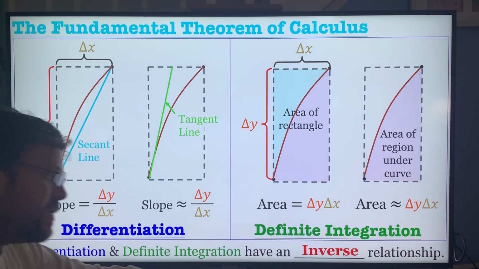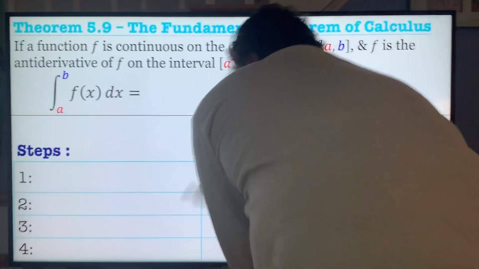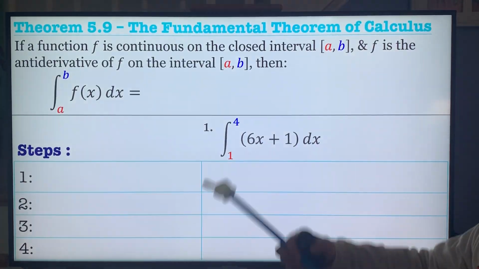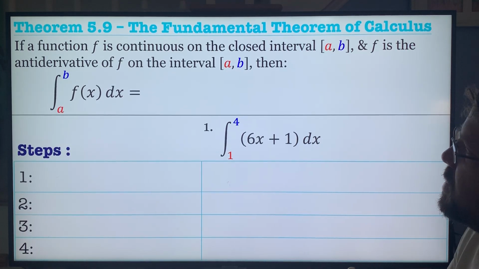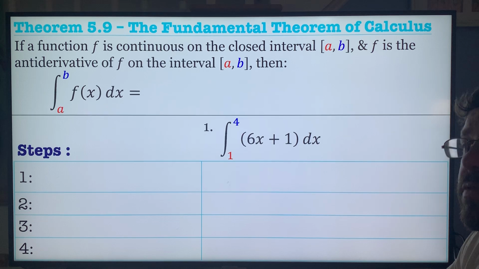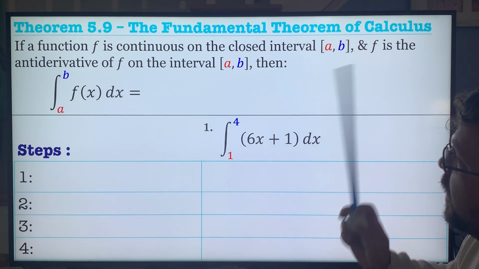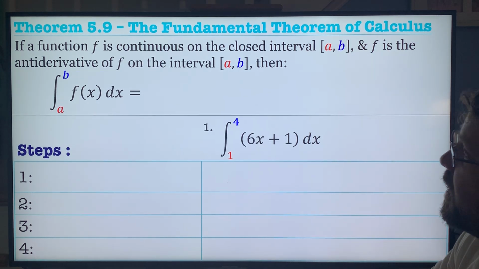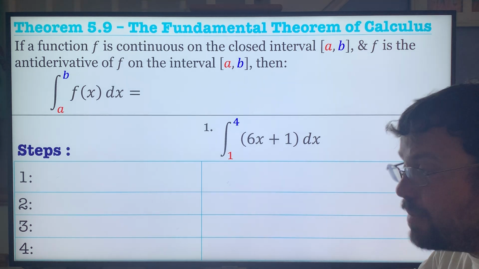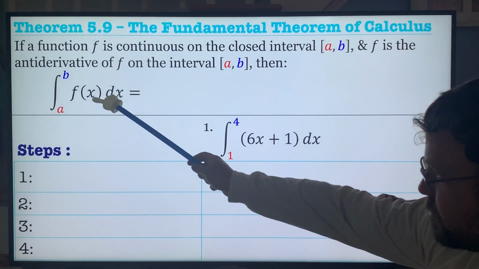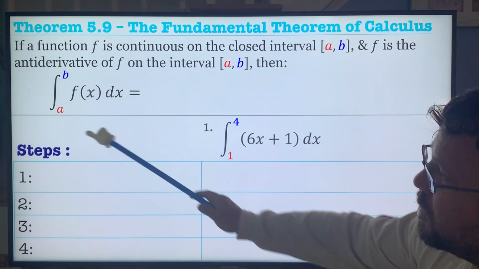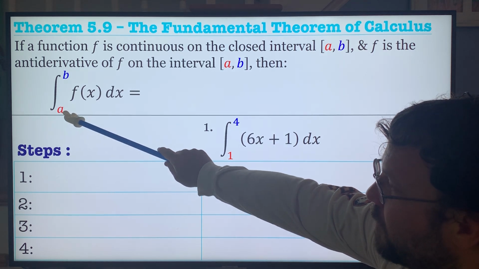Okay, so let's put everything together. There we go. So, theorem 5.9, fundamental theorem of calculus. If f is a function, and it's continuous on the closed interval [a, b], meaning no holes, no asymptotes, and F is an antiderivative of f on the interval [a, b], then the following is true. So now you're saying, what is the integral of f(x) from a to b?